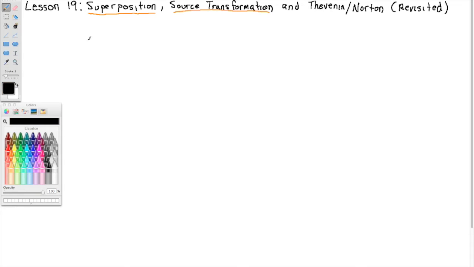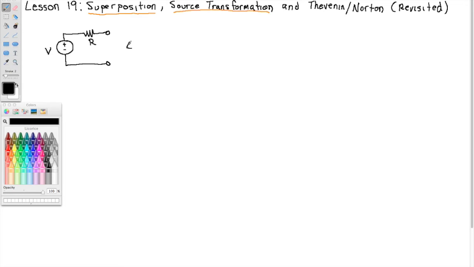Alright, well let's review the goal of source transformation for DC circuits. Recall in DC circuits we had a voltage source, V, and in series with a resistor, R. And presumably it's connected to something.